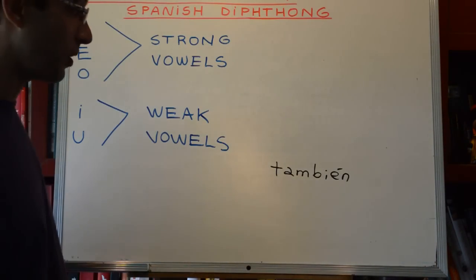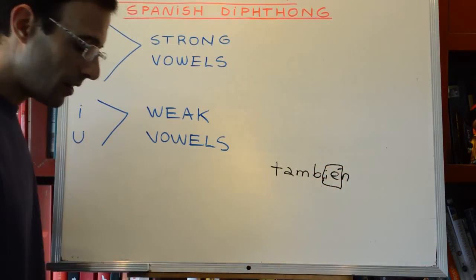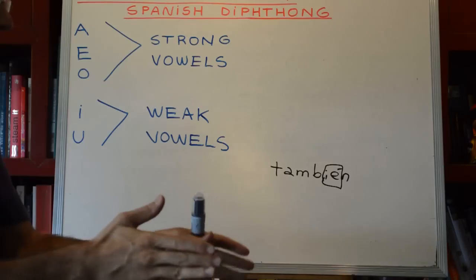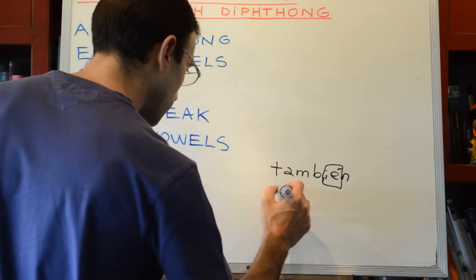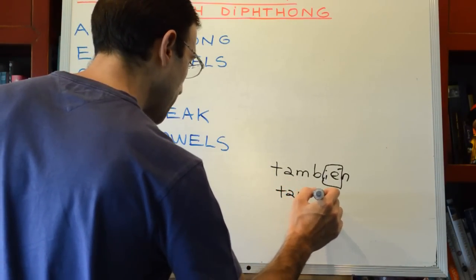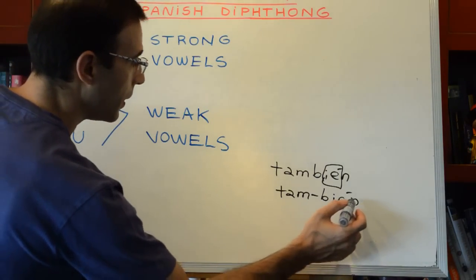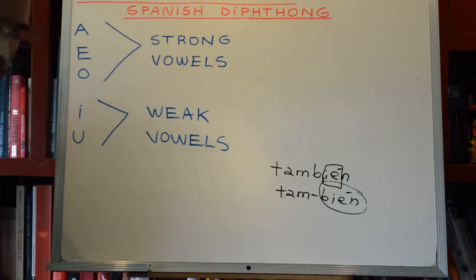This is a diphthong. Why? Because we have 2 vowels together, and these 2 vowels don't split when we separate the word in syllables. This in syllables will be tam, bien. También. So these form the same syllable, right?